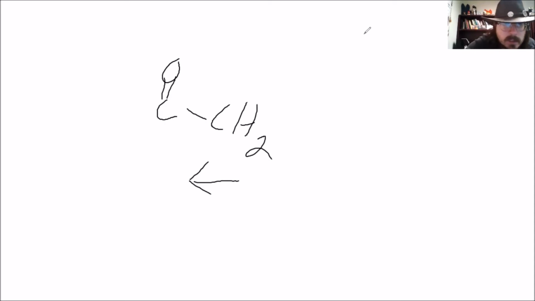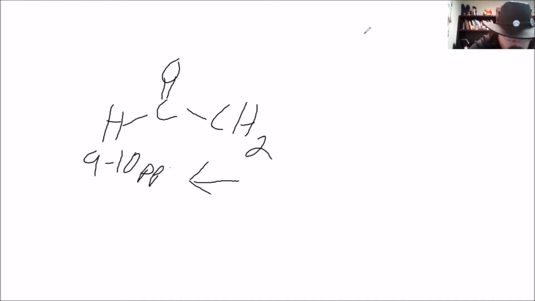But one thing you will see, if you have an aldehyde, is a peak between 9 and 10 ppm. This is because of the large electron withdrawing effects of that carbonyl group pulling electron density out of the H, deshielding it, allowing it to shift way, way downfield. So the only time you'll see a 9 or 10 ppm peak is usually with an aldehyde.